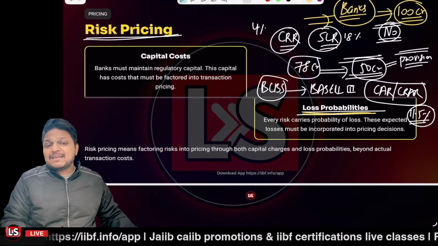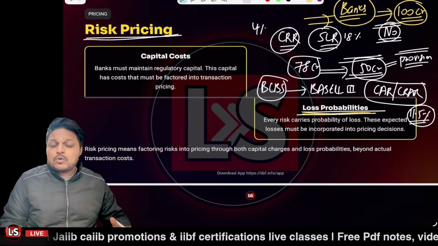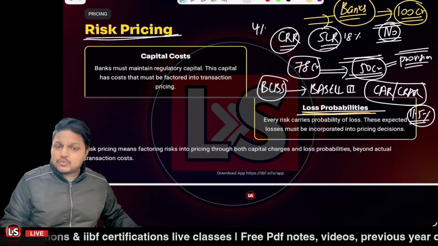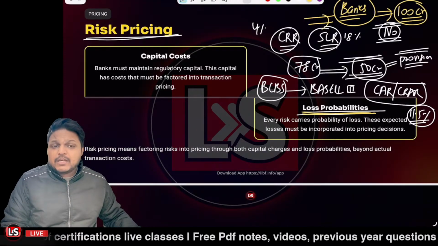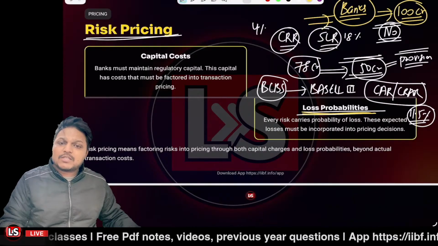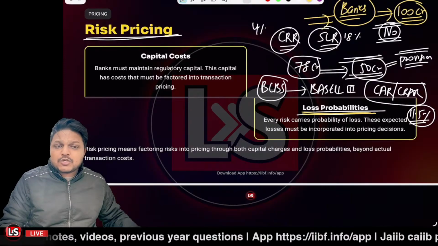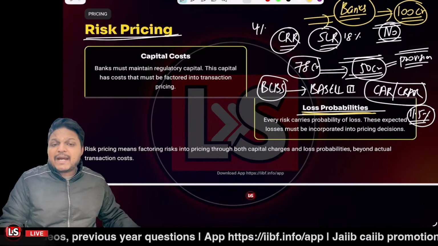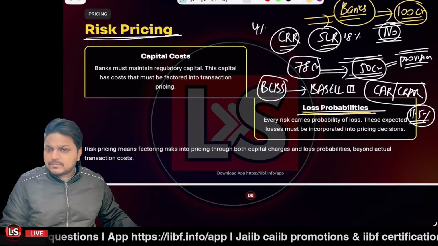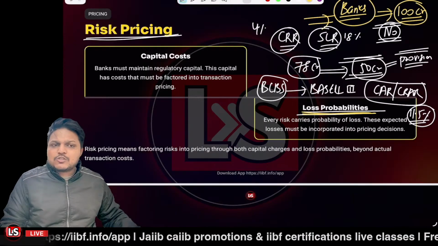So risk pricing implies that we are to match the capital cost and the loss probabilities. This would be in addition to the actual cost of the transaction, where the bank is to pay salaries, maintain the infrastructure, and meet other relevant overhead expenses. Those expenses are also to be taken into account.